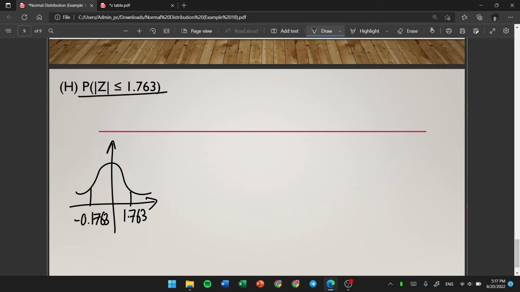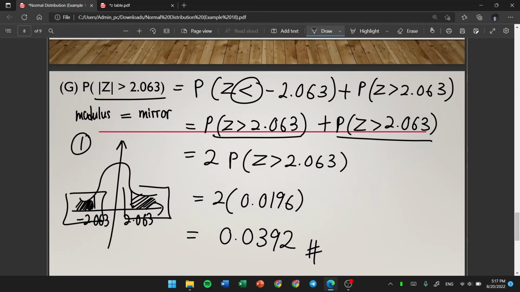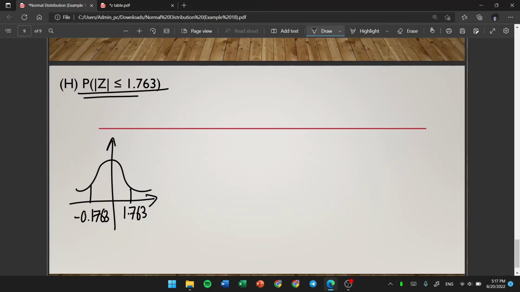Now you see, now it is less than. Just now, above there was greater than. So now it's less than. So we know we will shade less than. Why do I shade until here only? Until this negative. Because we will get an equation P(Z ...), we want to find the middle there. Why? Because you can see P(Z less than 1.763), right?